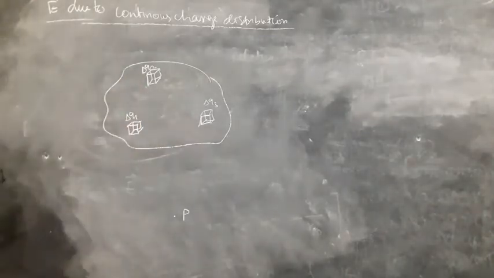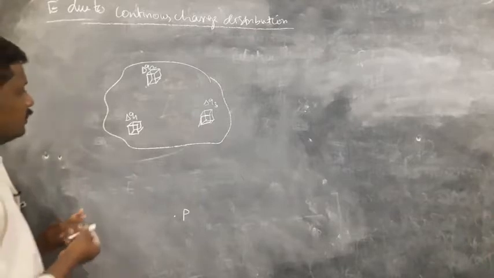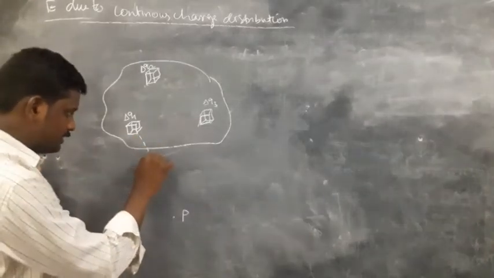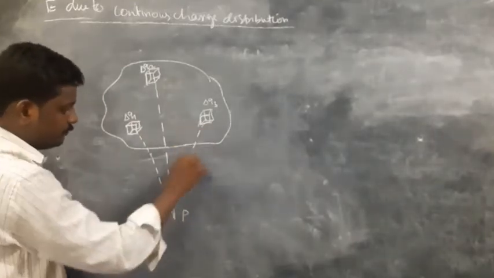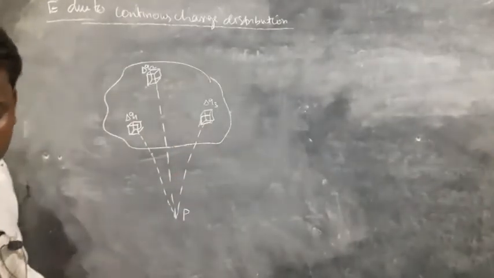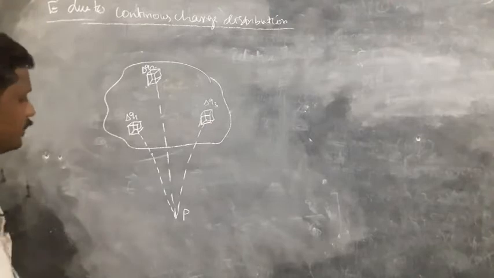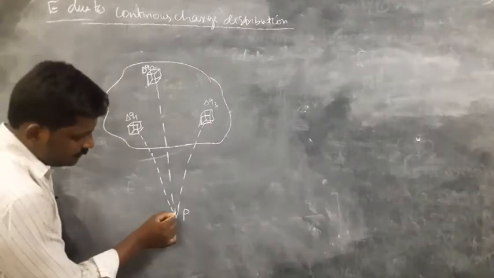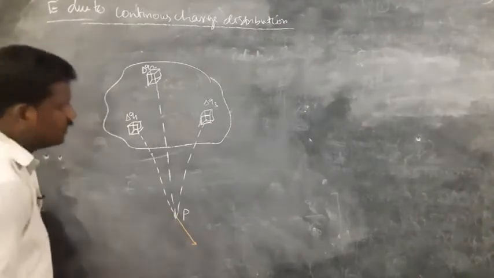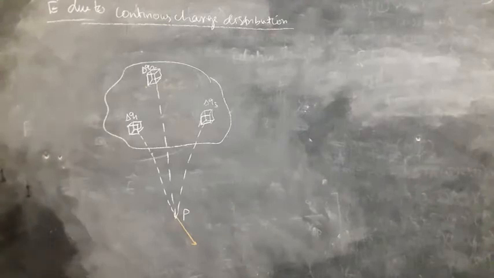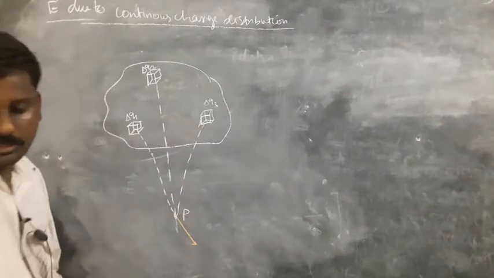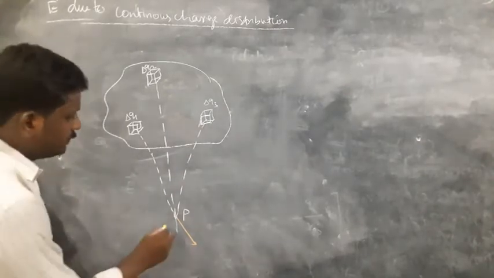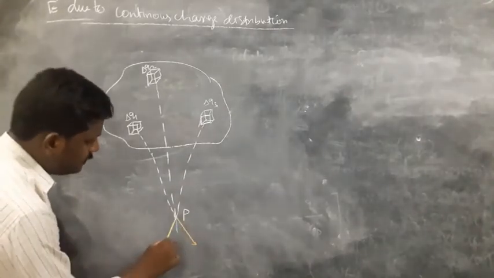The electric field due to delta Q1 acts in this direction. Then delta Q2 acts in this direction. Then delta Q3 acts in this direction.